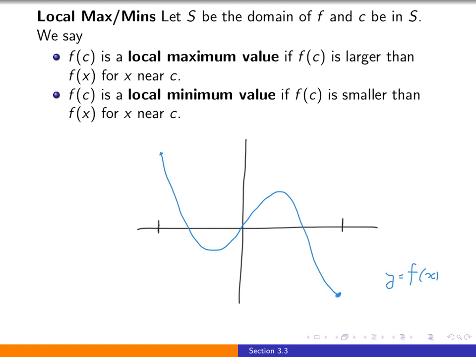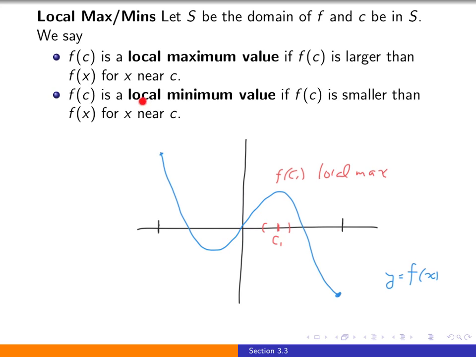If we focus in on this point, let's call it C1, we notice that if we look in just that interval around C1, when I'm close to C1, the function outputs are largest at C1 itself. So in this case, we would say f of C1 is a local max. It's bigger than everything immediately around it, but of course it's not the absolute max or the maximum value, which is going to occur in this case at that left endpoint.